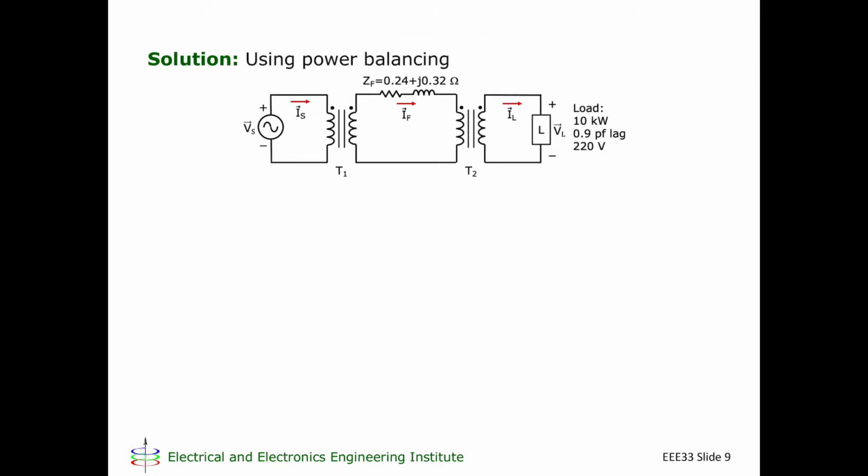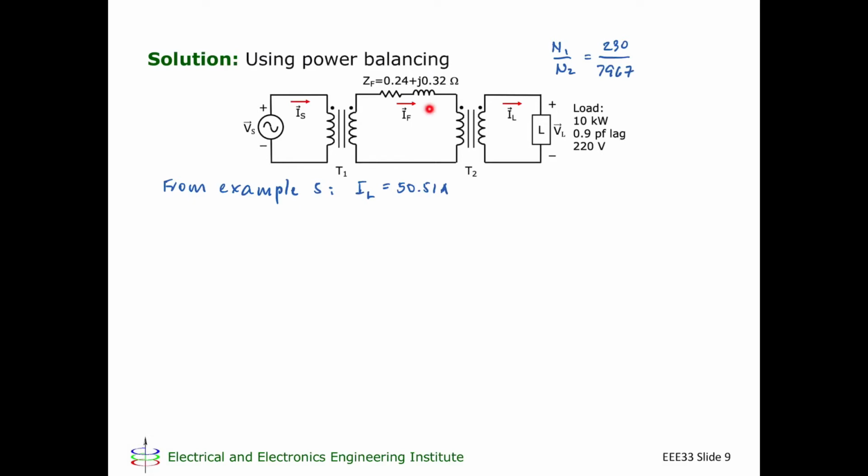So from example 5, we already computed the value of I_L, and its RMS value is 50.51 amperes. Note that N1 over N2 for the transformer is equal to 230 over 7967.